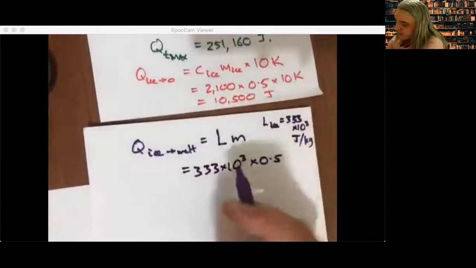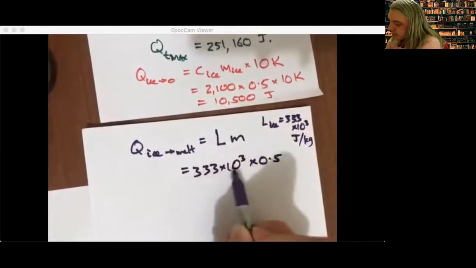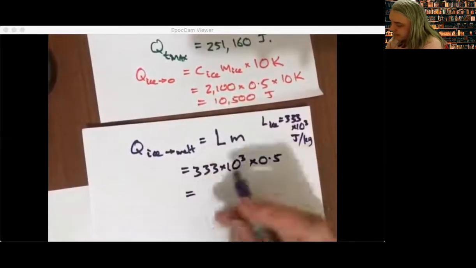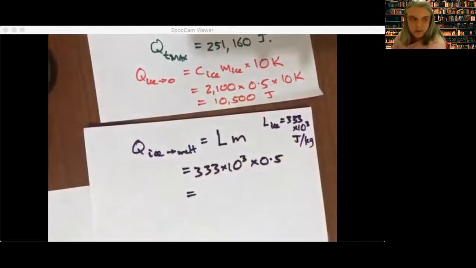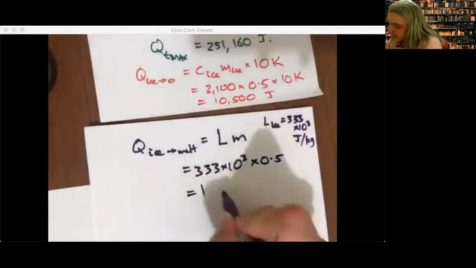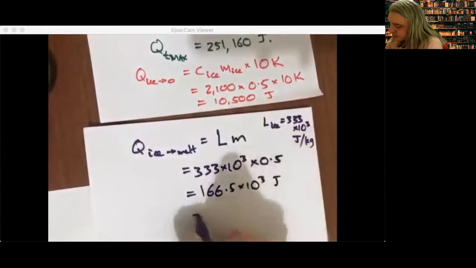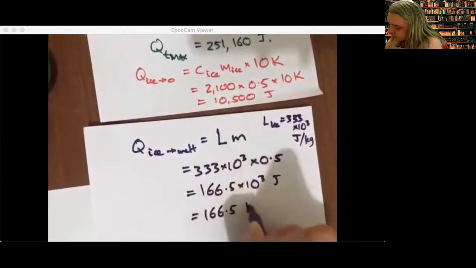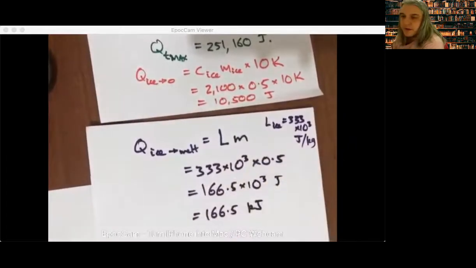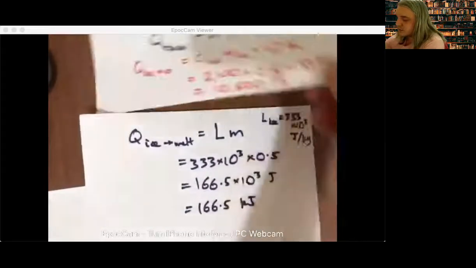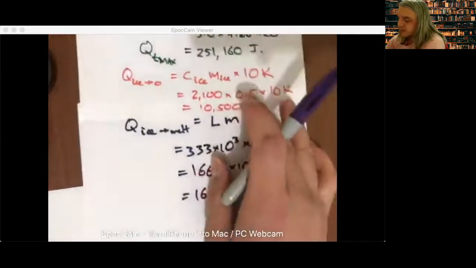So we're only going to need half of that much, because this will melt a whole kilo. So for half a kilo, it's just going to be half of 333, which is 166.5 times 10 to the 3 joules. So 166.5 kilojoules. That's the heat required to melt that half a kilo of ice.